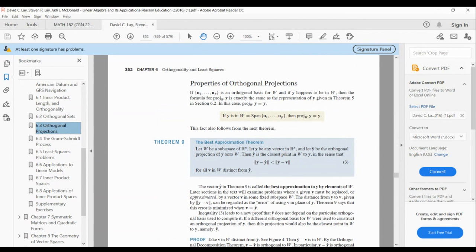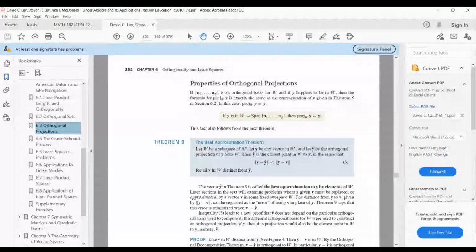But the idea is that if you have a subspace and you have any vector, and you have an orthogonal projection of that vector y onto subspace W, then the y hat vector, which is, again, the orthogonal projection of the vector y onto W, would be the closest point in that subspace W to y.